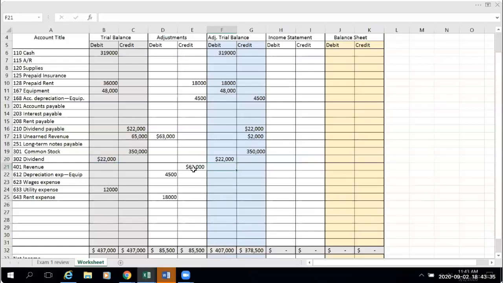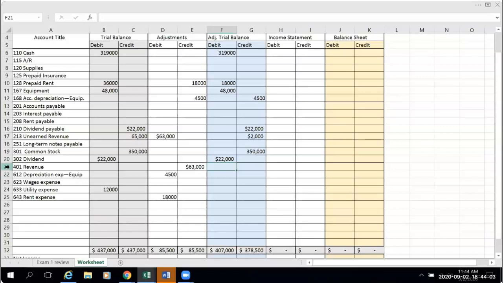Revenue, there is no more revenue to recognize. If there is any, I would, but there is nothing at this moment. Maybe your management says, oh, there is one job that we just did yesterday. How much? $200. Okay, so you increase the debit of accounts receivable, adjust here, accounts receivable $200, and then you increase the revenue by $200.